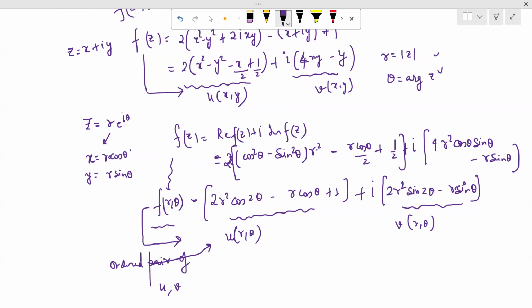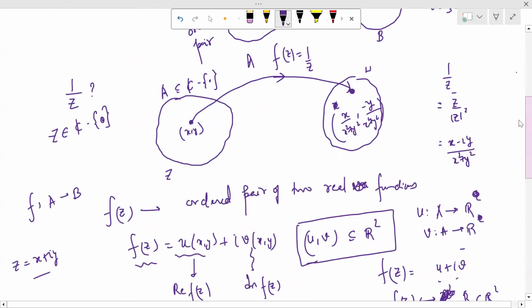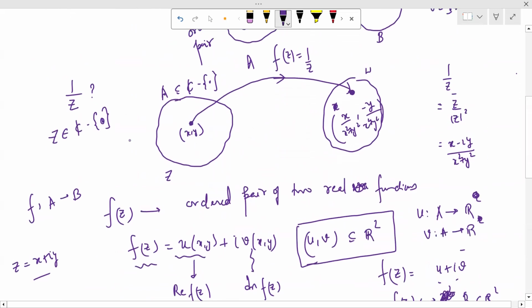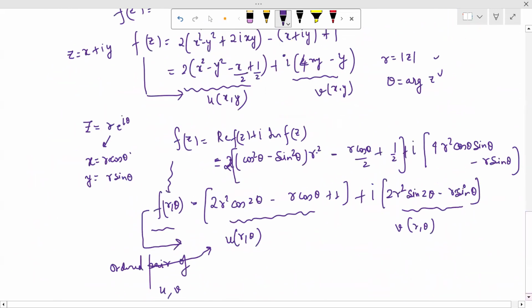Okay. So for every z, that is x plus iota y, in the domain of definition of the function, we can assign certain values in another plane. So we are mapping from one plane to another plane. We can call this the z plane and the other the w plane, or whichever notation suits you.